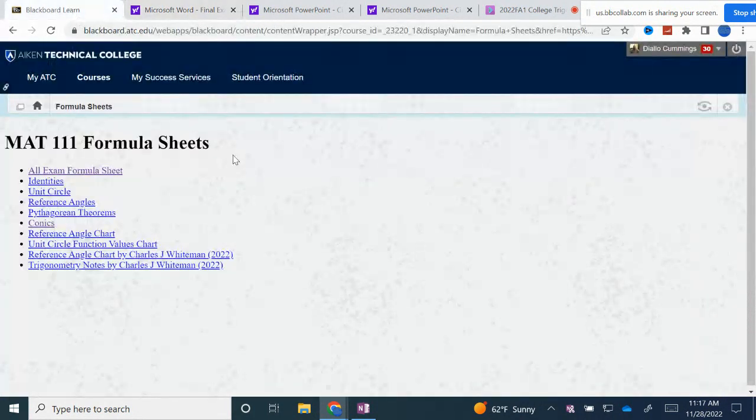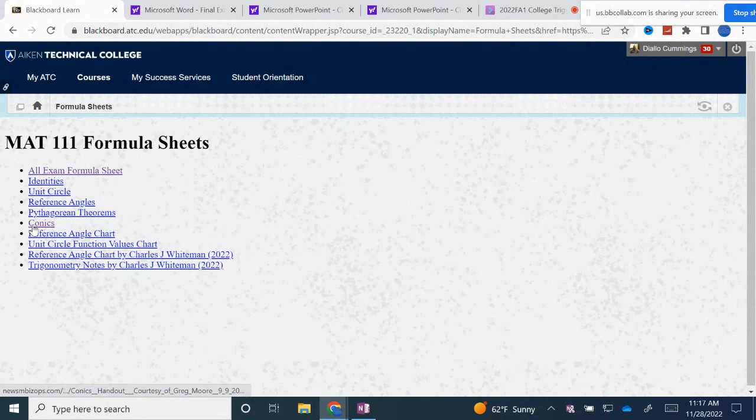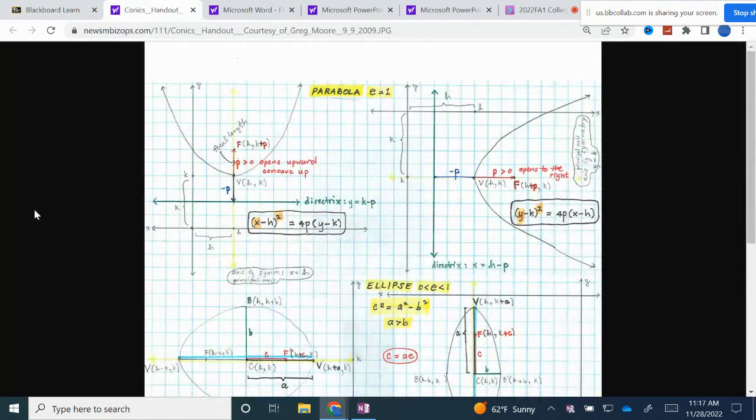If I go back into the formula sheet section, you'll see there is a separate handout that says conics. Okay, I'm going to click on that.